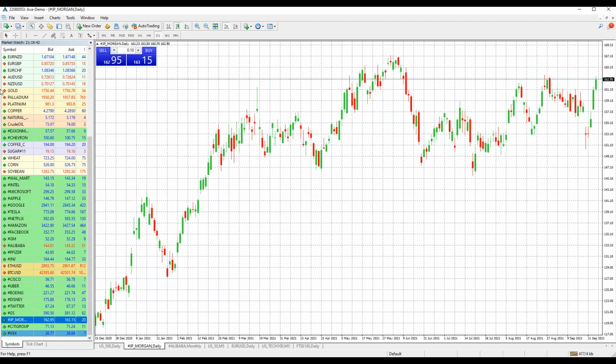JP Morgan, similar idea. The stock is also facing a resistance here after a strong move, a nice recovery from 151 to the 163 area. So this level could also be a strong resistance, and we have a potential of moving lower here and retesting supports, possibly the 153, 150 area.